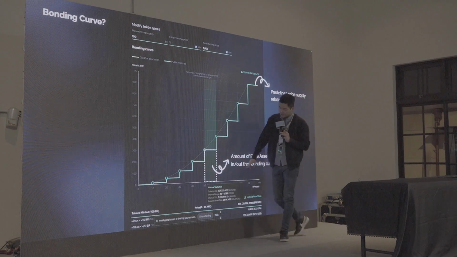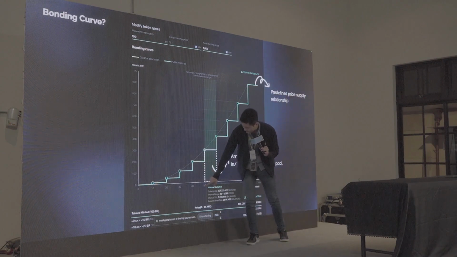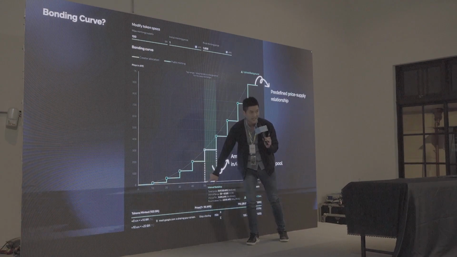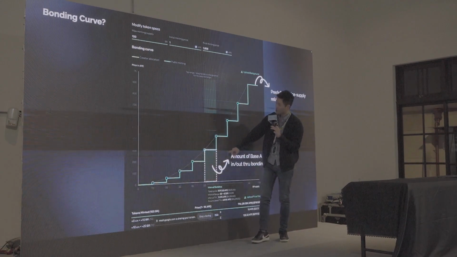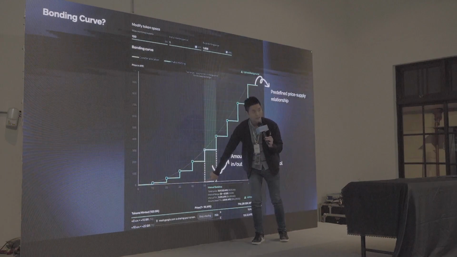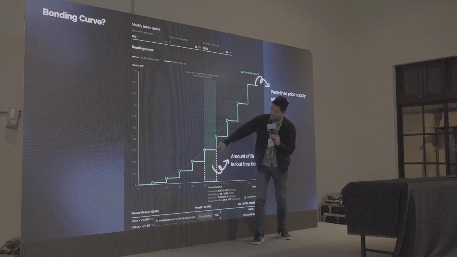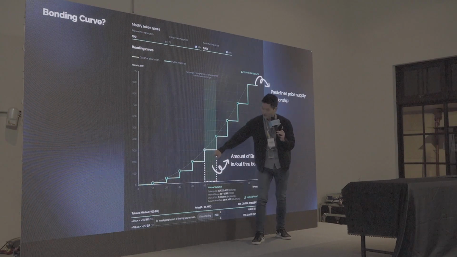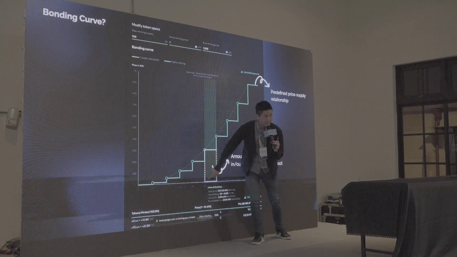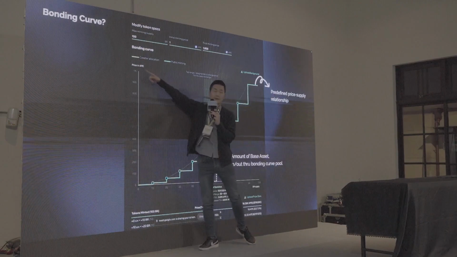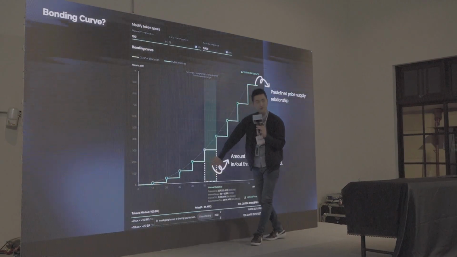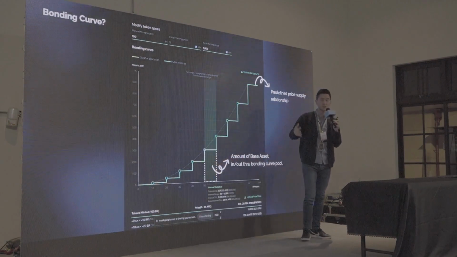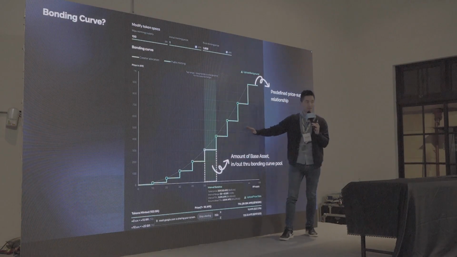For example, this token currently has a supply of 50, and if someone purchases 10 tokens, the bonding curve calculates this area size, which is really simple math, right? It's multiplied like this. So they calculate the area size for the amount of 10 tokens, and the base token goes directly into the bonding curve pool of this token.